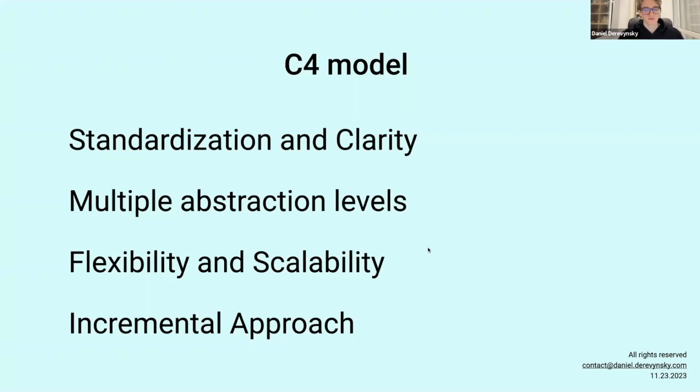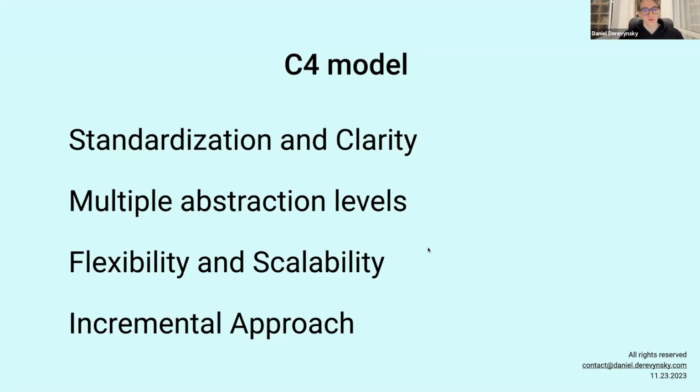The next is multiple abstraction levels. This refers to the abstraction levels we just discussed, the four Cs. It allows different people with different needs to work with our diagrams and still find them quite useful.